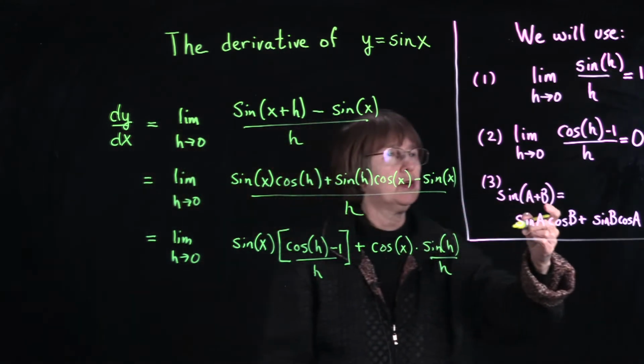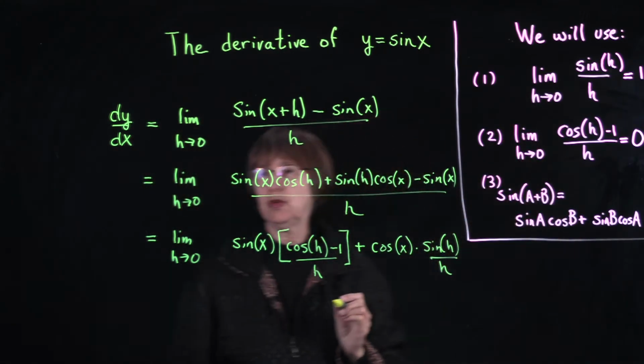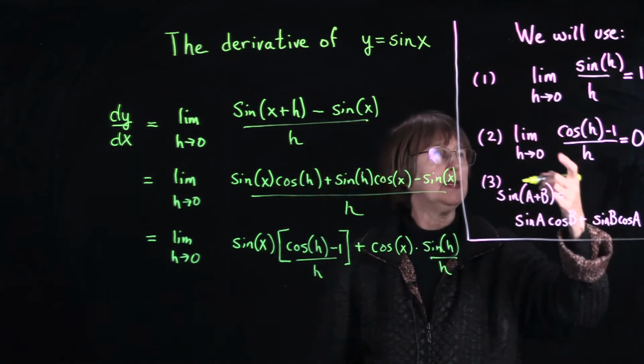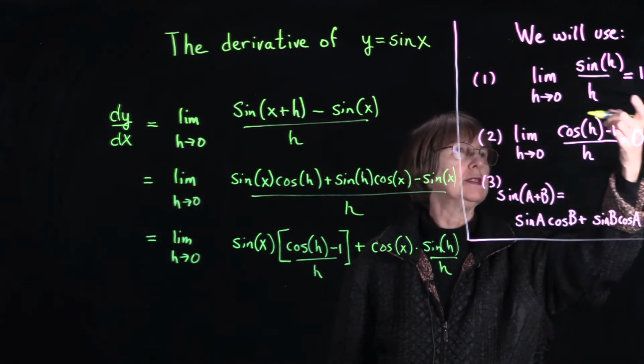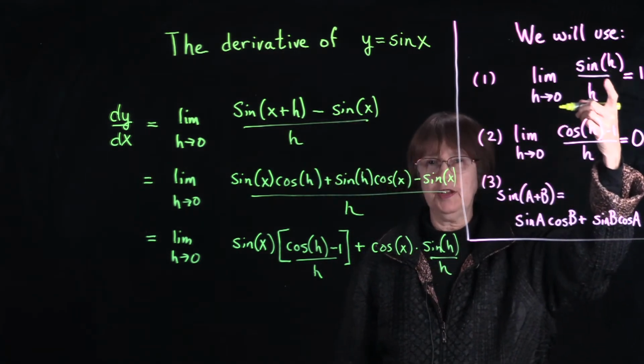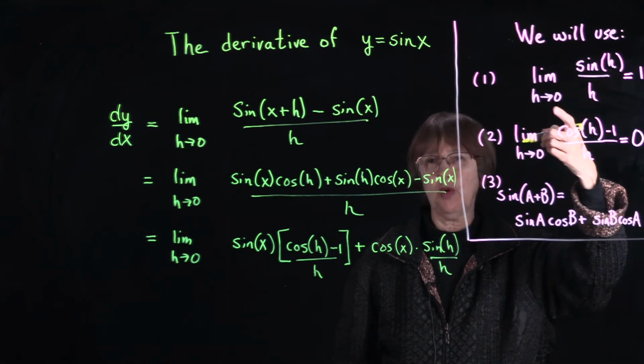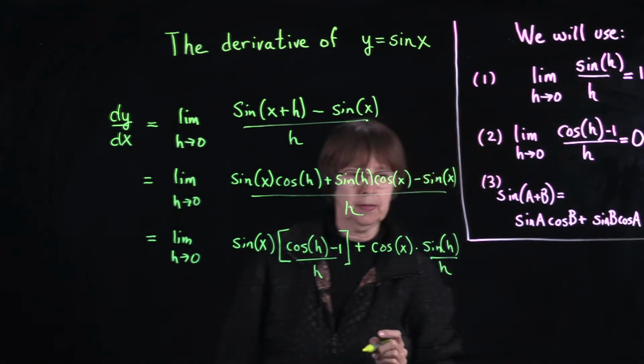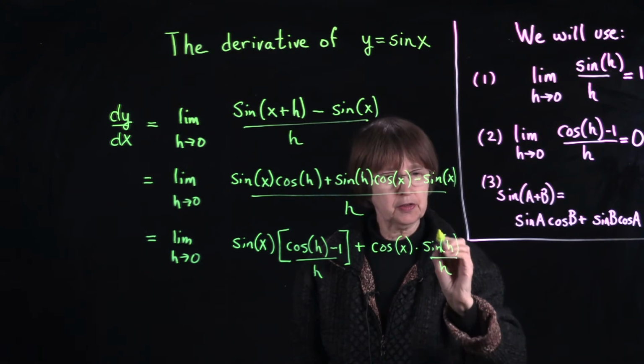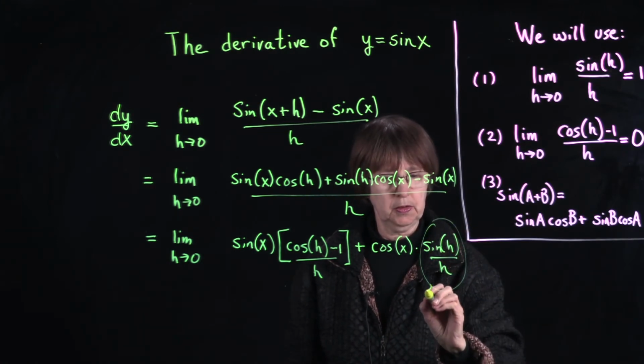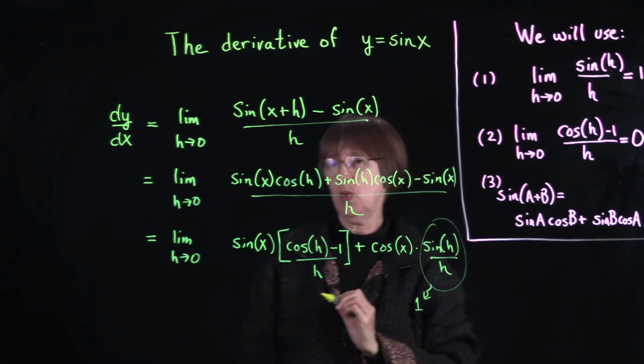Now on the side here, I've put two very useful limits. We're going to use both of these. So the first of these tells us that the limit of sine of h over h, as h gets smaller and smaller, is 1. And therefore, this factor right here is going to approach the value 1.